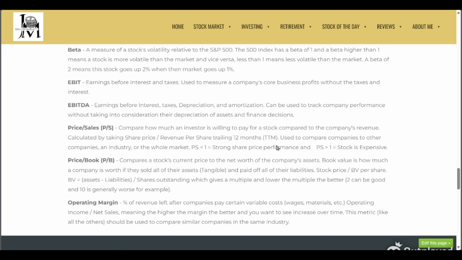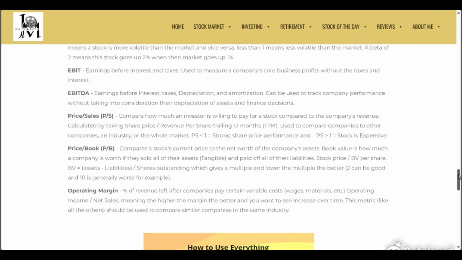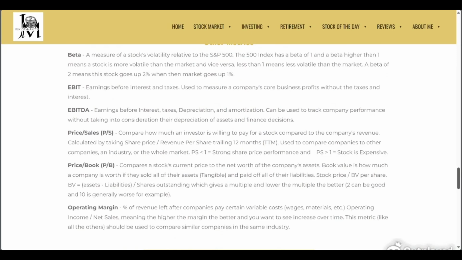And this is used, obviously, to compare companies in the same industry. This can be useful for companies that don't have positive earnings, like startups or high growth companies, because the PE ratio wouldn't really work, since they either have negative earnings or their earnings are very small, and so it's a bad way to look at the company.